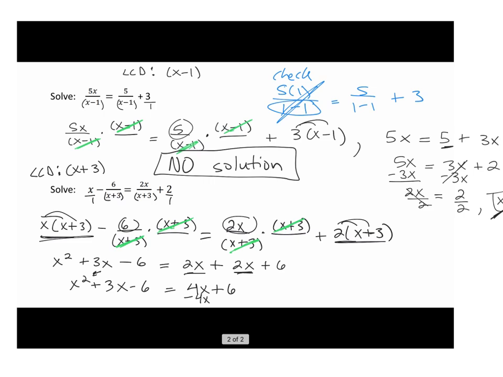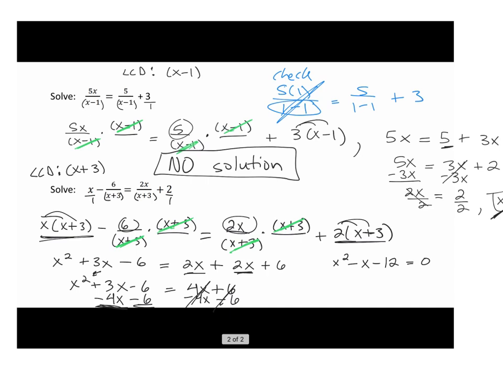I'm going to choose to opposite the terms on the right side, so minus 4x minus 6 from both sides. Then we will have 0 on the right. On the left, we'll have x squared, and 3 minus 4 is minus 1x, and negative 6 minus 6 is minus 12.